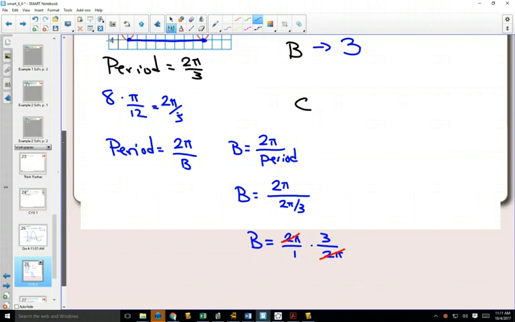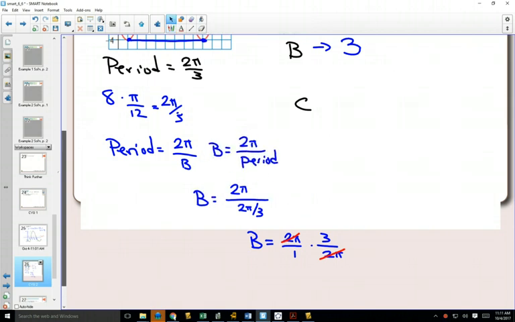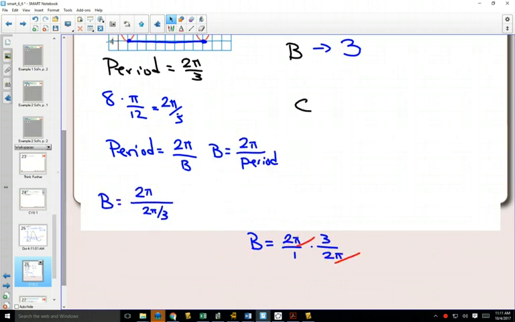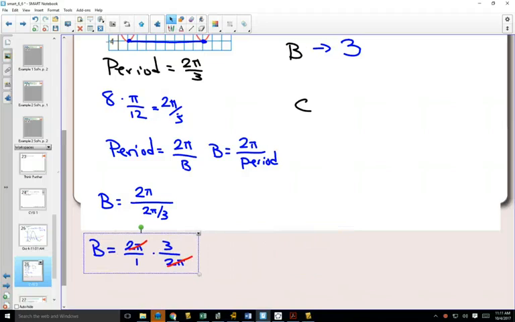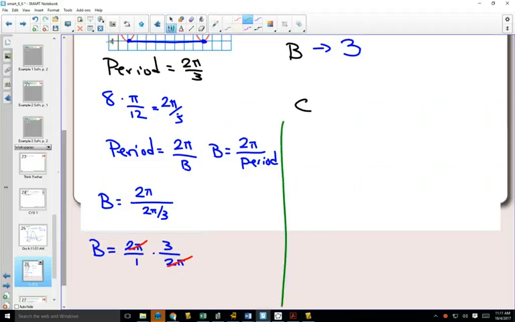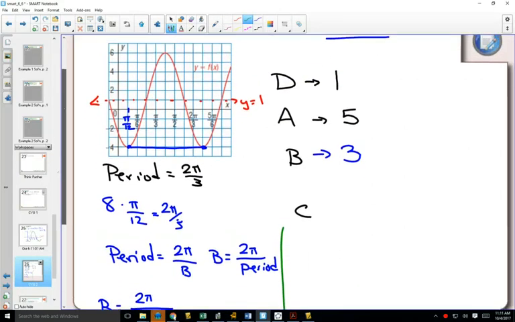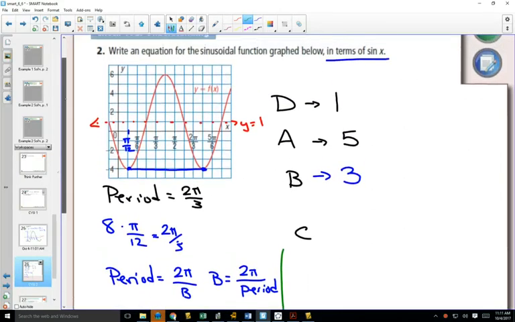Now, in all of these equations, when you go to write your final equation, you really just need your a, your b, and your d to start.